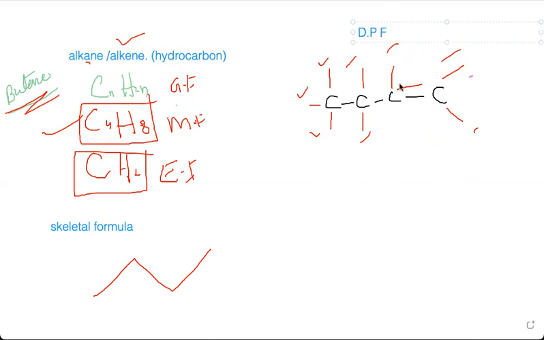Okay, and now we have to make a structural formula. What is a structural formula? For a structural formula, definitely you have to trace all the bonding, but now you can see there is a double bond also, and definitely you have to show the double bonding. So see what you are going to do. CH3. Okay. Then there is CH2.